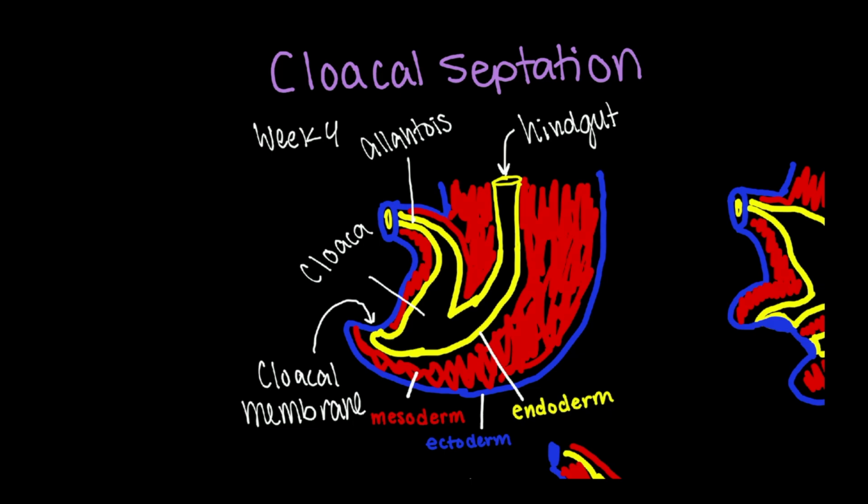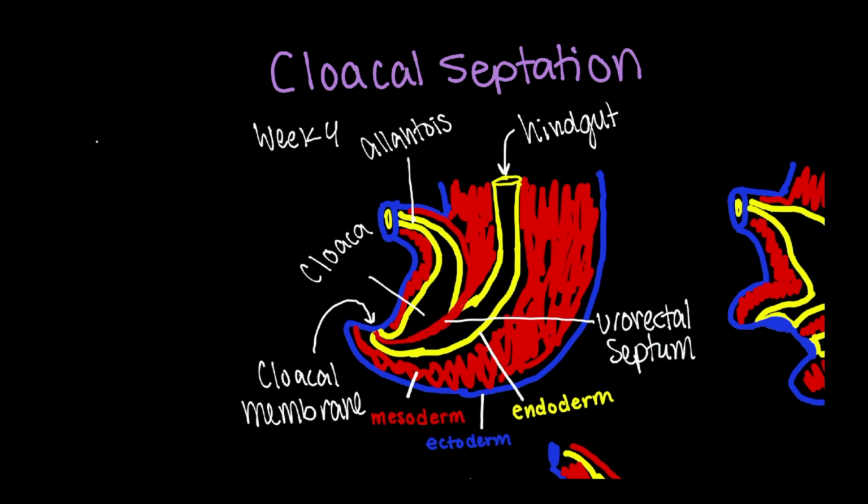Between weeks 4 through 6, a wedge of mesoderm is going to start pushing into and growing downwards into this cloaca. And eventually it is going to fuse with that cloacal membrane. The name of this mesoderm here is called the urorectal septum.